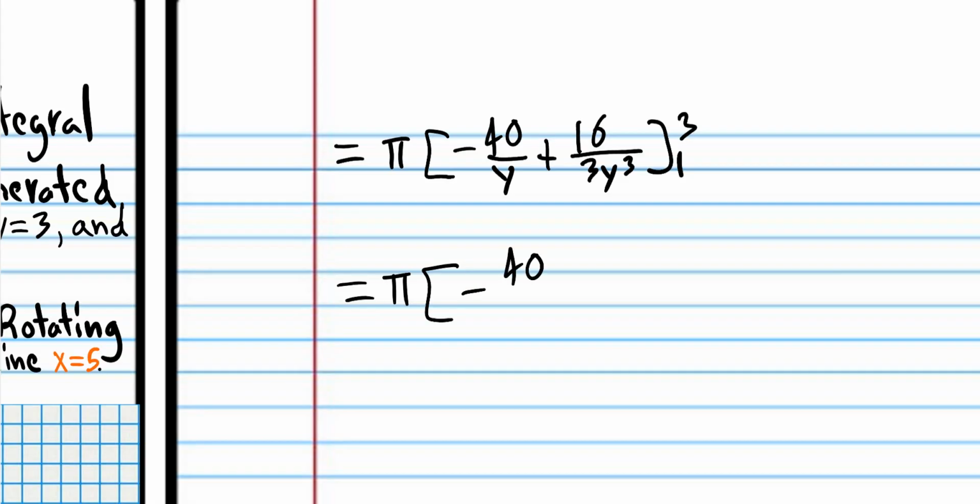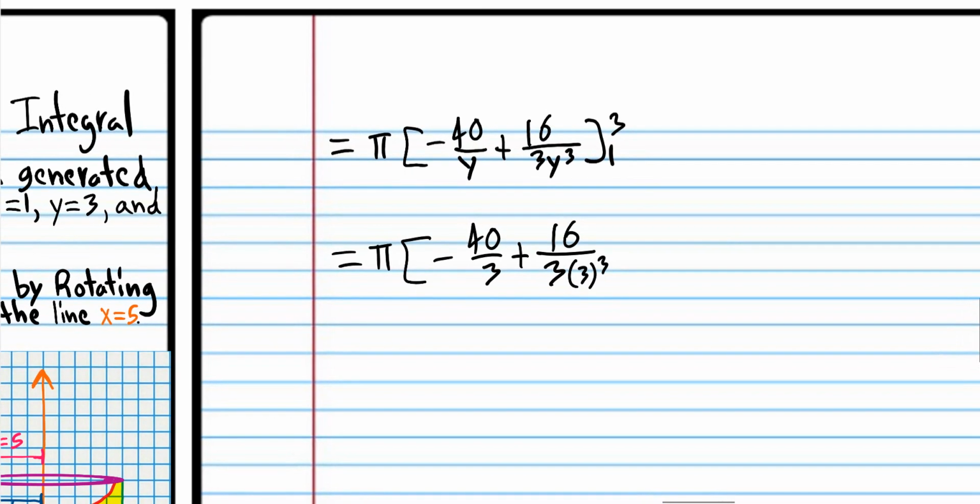So we have negative 40 over 3 plus 16 over 3 times 3 cubed plus 40 over 1 minus 16 over 3 times 1 cubed.